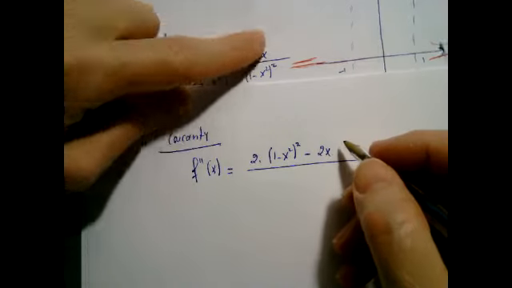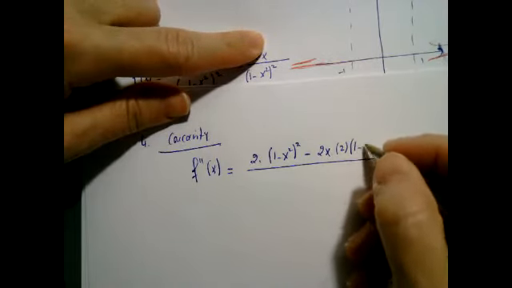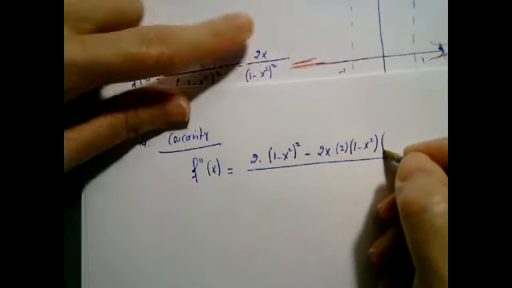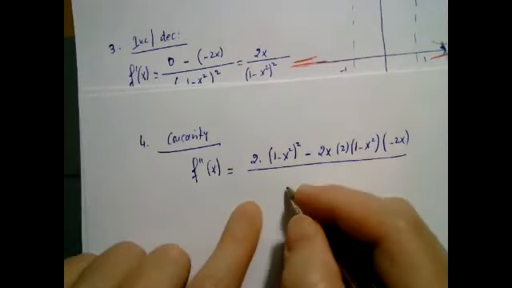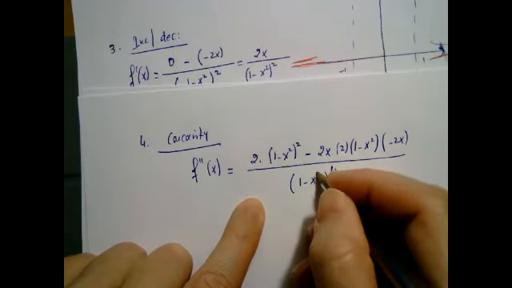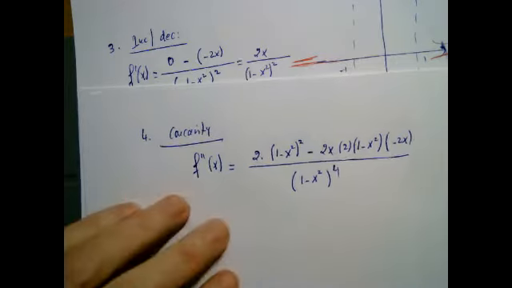That's the chain rule. It's 2 times 1 minus x squared times the derivative of the inside, which is minus 2x. And the whole thing to this power. So it looks really messy, but let's see how we can make it not that messy.